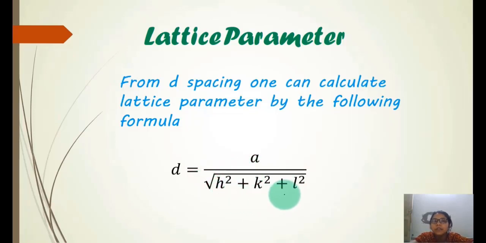If you are observing X-ray diffraction, you will observe different peaks. There is a graph plotted between the 2 theta value and the intensity value, and all those peaks can be assigned to different hkl values, that is the Miller indices, by comparing with the standard diffraction data of standard powders, which is stored in the JCPDS cards.